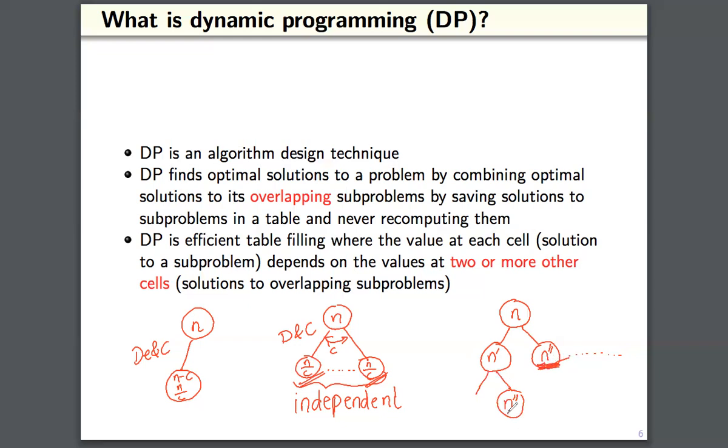N double dash is encountered here also. Maybe n double dash will be encountered here also, right? So the meaning of overlapping subproblems is you visit a subproblem again and again, multiple times.